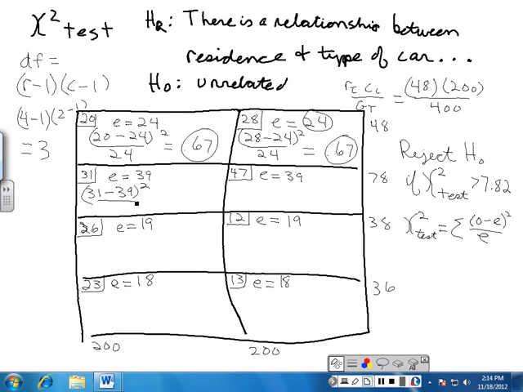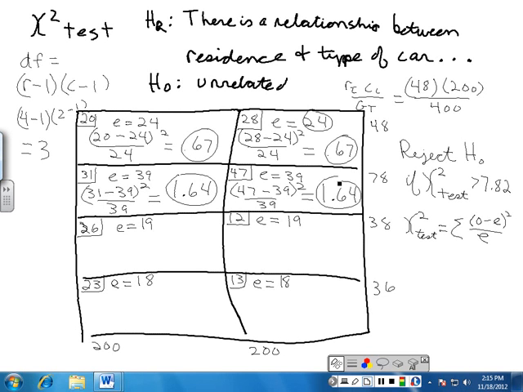Square that, divide by 39, and that's equal to 1.64. Then we'll have the observed value, 47, minus the expected of 39. Square that and divide by 39. We'll get 1.64.